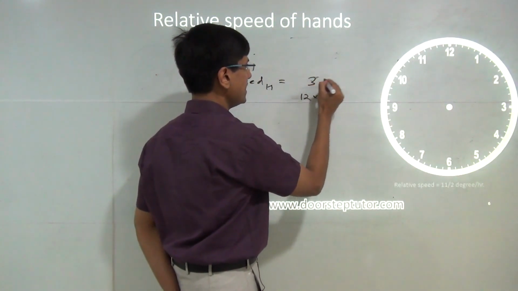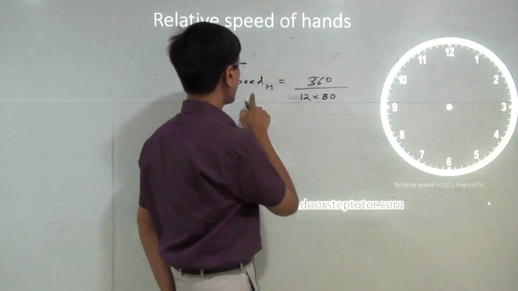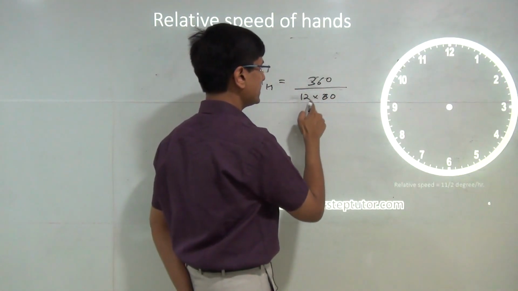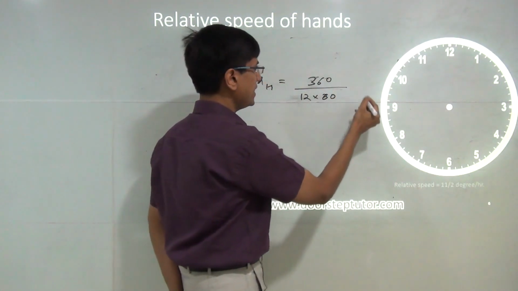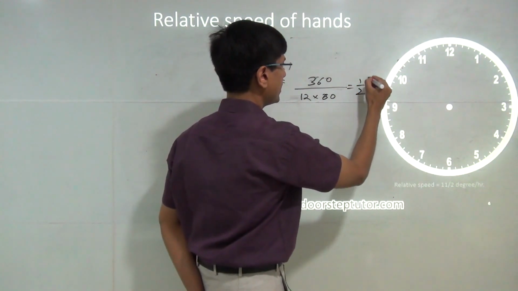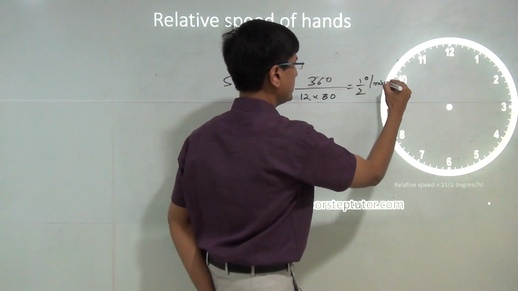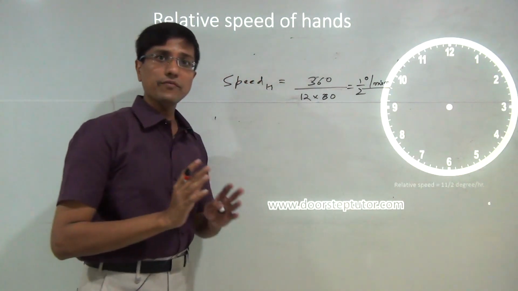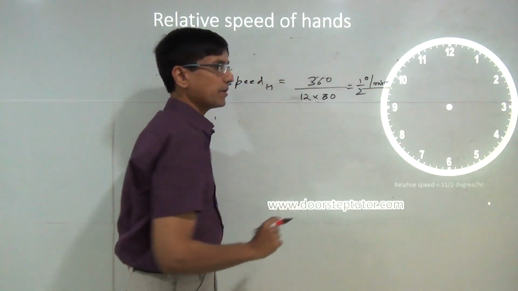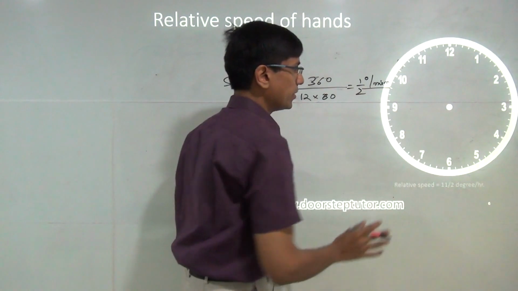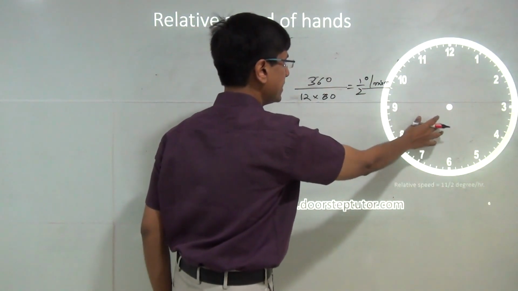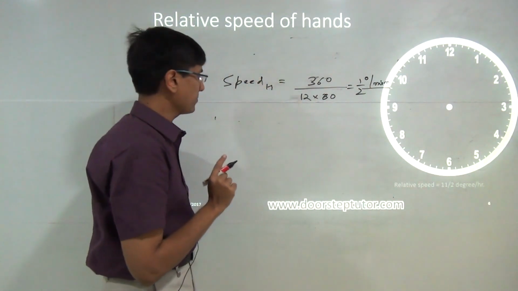It is 360 degrees. Therefore, the speed of the hour hand is 360 divided by 720, which is equal to half a degree per minute. So this is the speed of the hour hand in terms of degrees per minute. We are really using the degrees, no funny business here, simply the degrees covered by the hour hand in 1 minute.